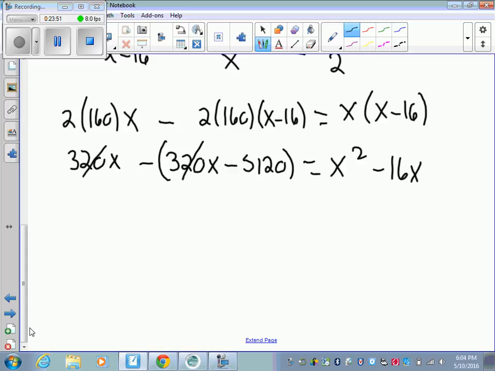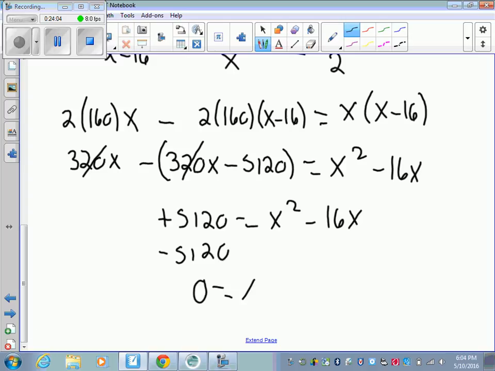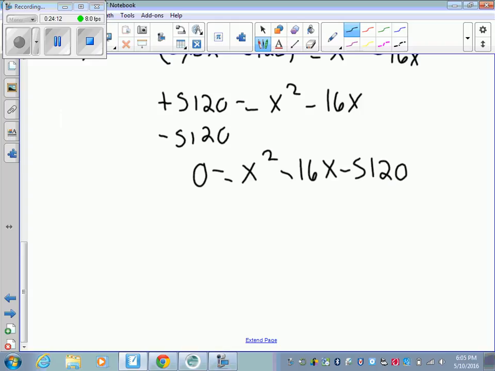But negative negative would make positive 5,120. So I can just move this to the other side, and that would be 0 is equal to X squared minus 16X minus 5,120.